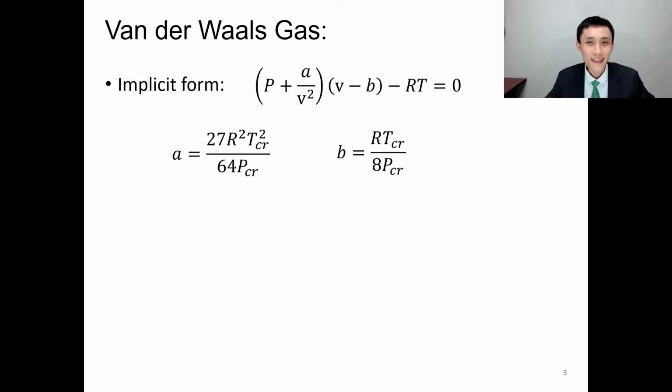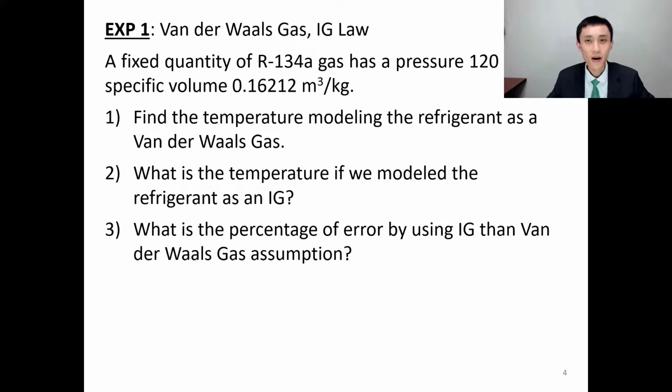So this is van der Waals gas law. As we said, this is another assumption for modeling gases. Let's take a look at an example by modeling R134A as a gas using van der Waals gas law and ideal gas law.